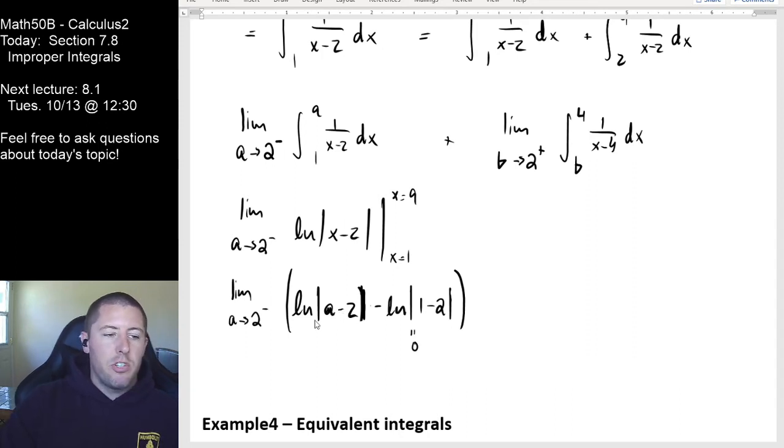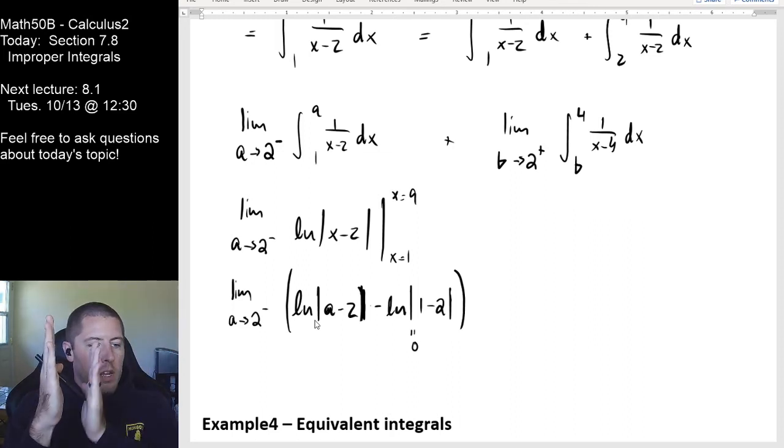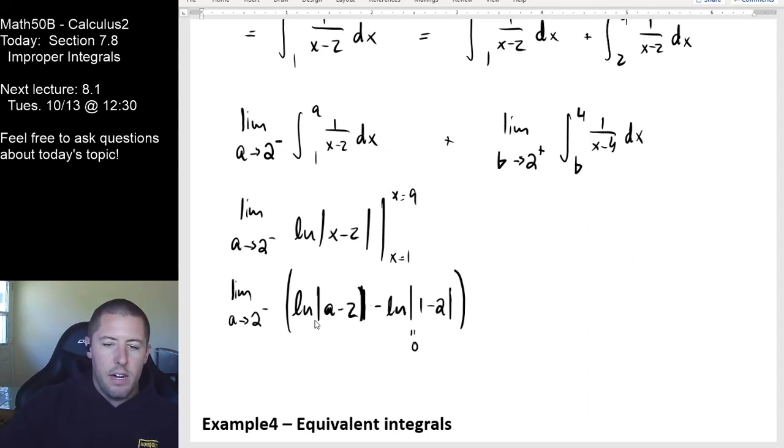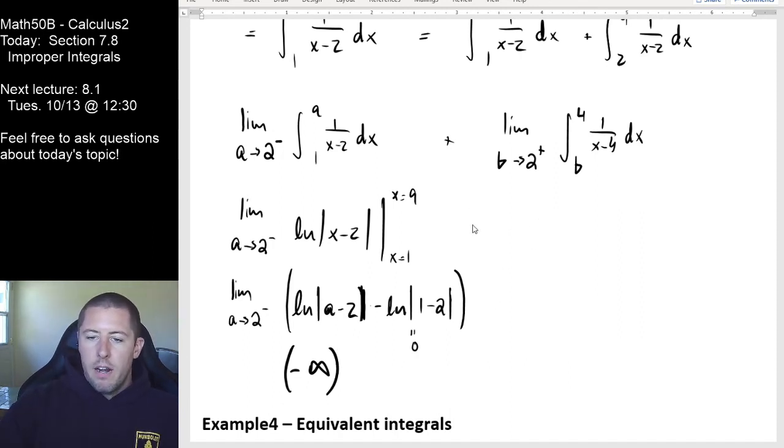And what we know about natural log is that the closer you are to the y-axis, the more negative the values are down here. So this should be giving me some form of negative infinity out of this natural log value. If I come over here and check out my right-hand half of things, I'm going to see something very similar.